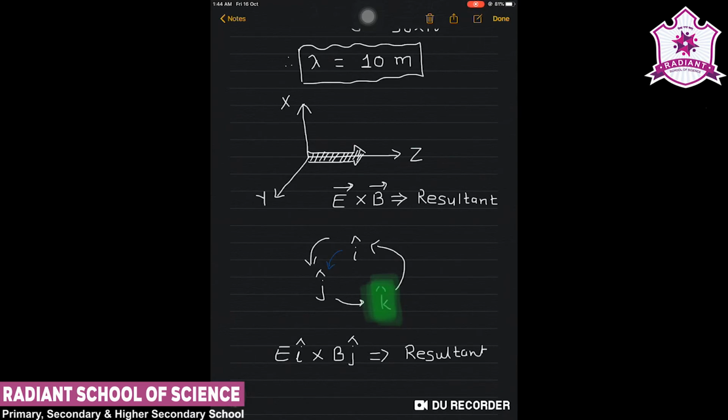So here we can say that the electric field will be along the x-axis and the magnetic field along the y-axis, so that we get the result along the z-axis. This is the solution of the question.